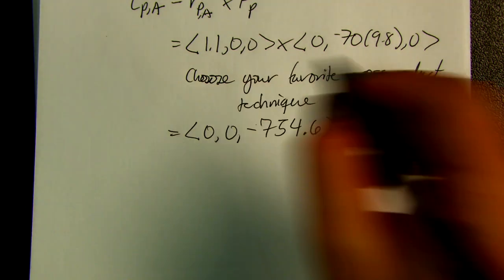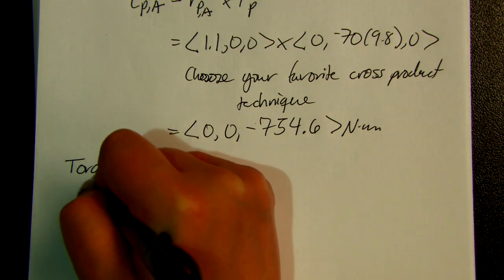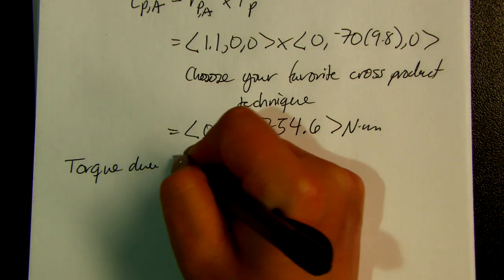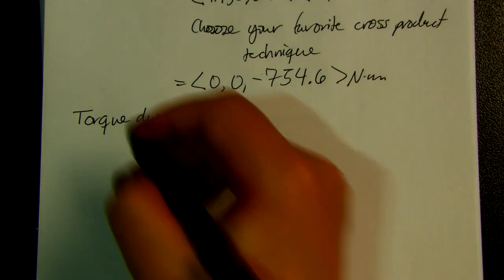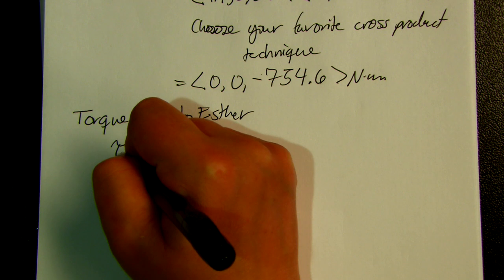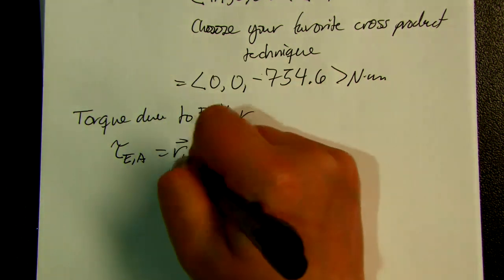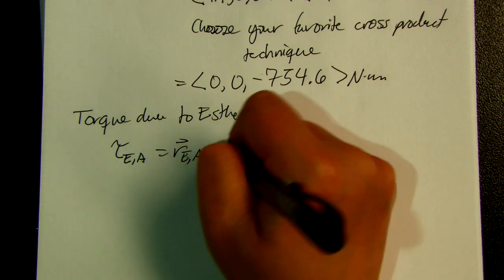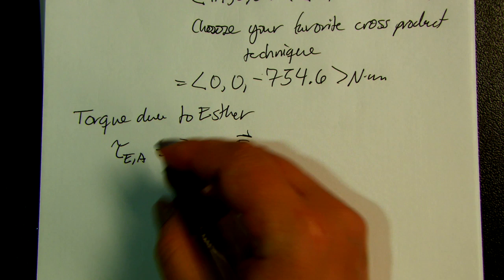All right. Next, we need the torque due to Esther. So torque from Esther relative to A is going to be the position vector from Esther to A crossed with the force on Esther.